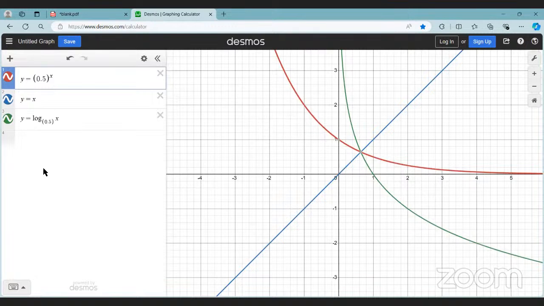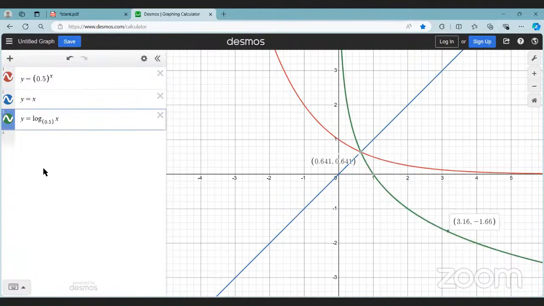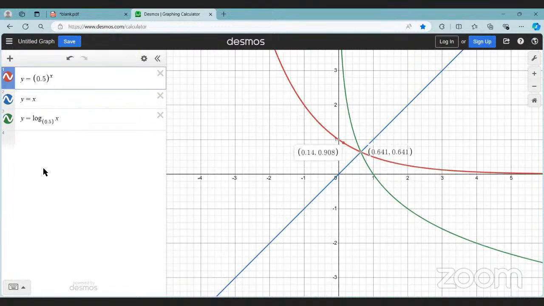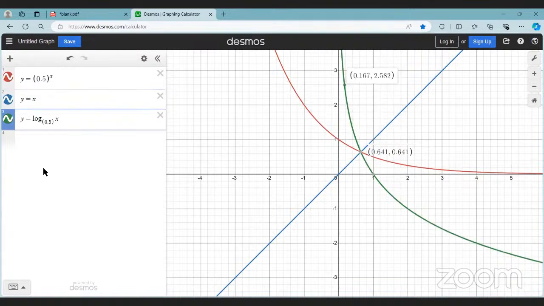If we reflect this red line over the line y equals x, we get this green line.